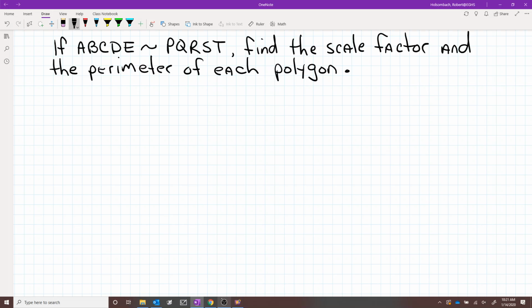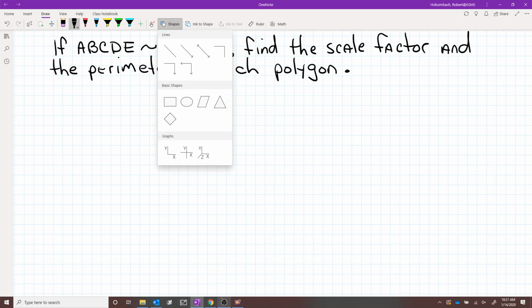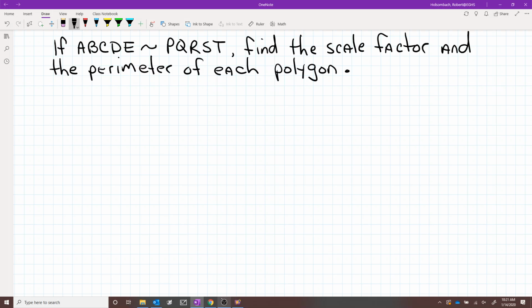And here's your two shapes. We've got two pentagons. And I don't get to pick the shapes, so.